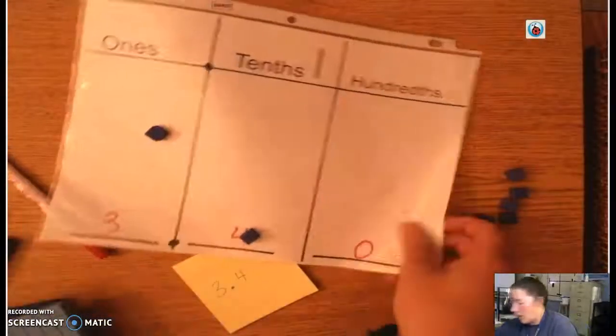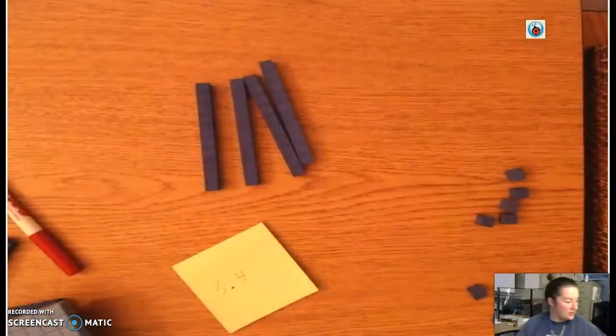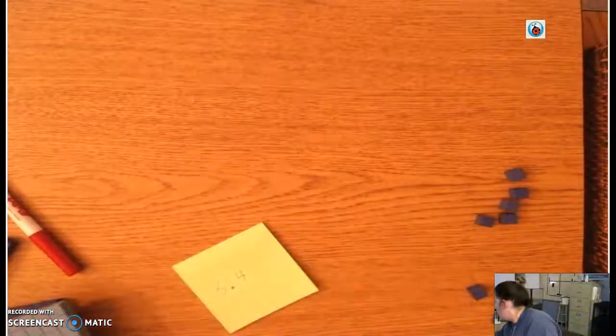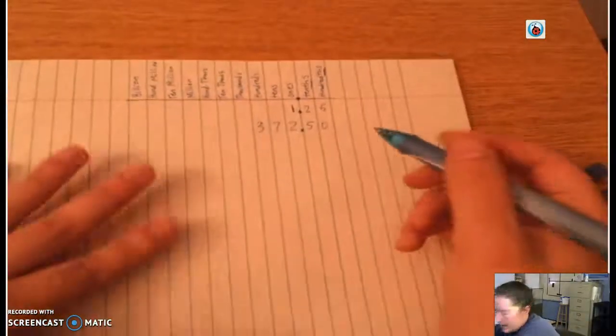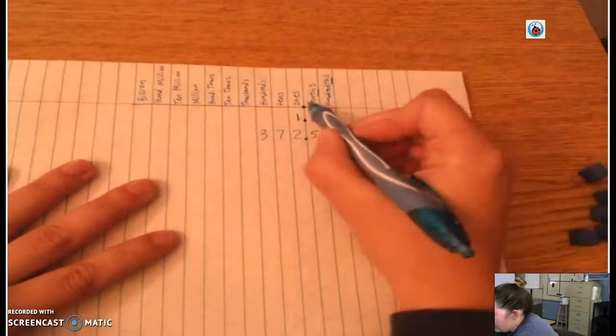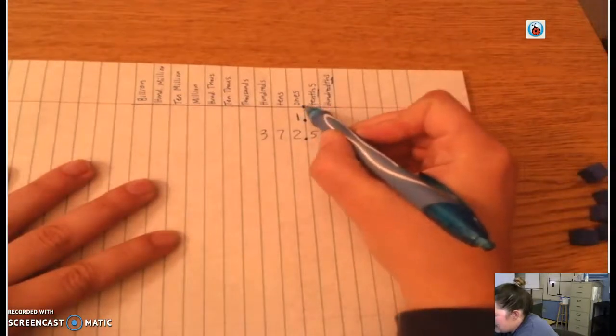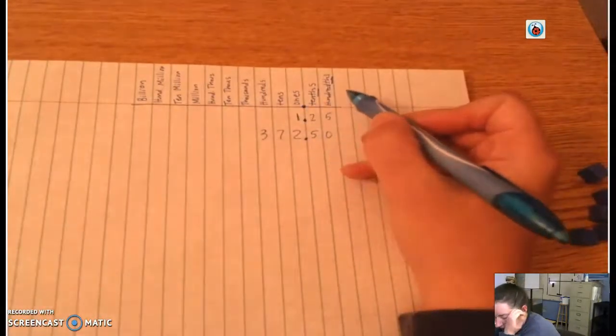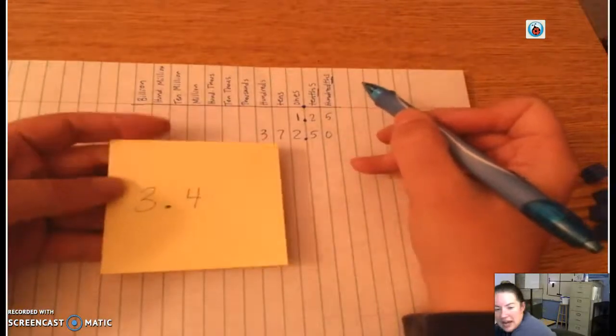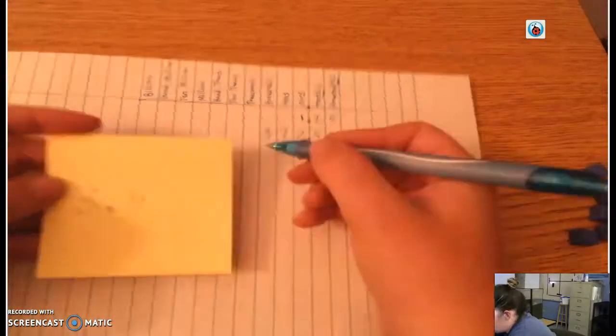So I want to look at the place value chart one last time before you guys get started. So here it is again. We had our ones, and we learned a new one. So we had tenths and hundredths. So like the one we just did, 3 and 4/10, there's 3 ones.